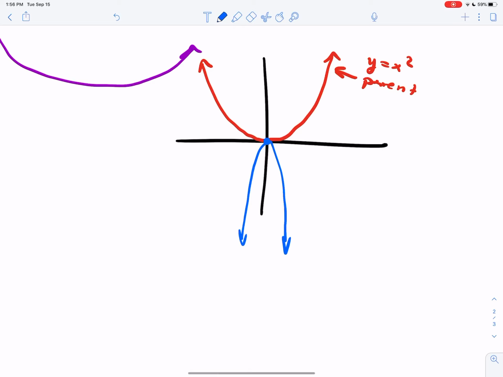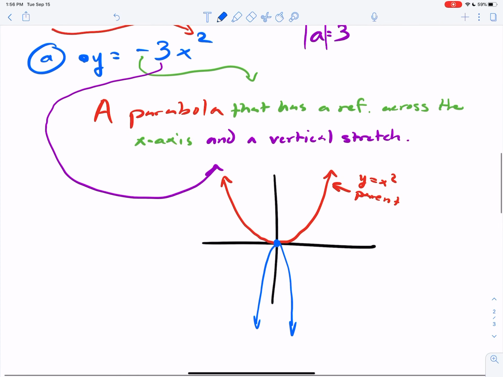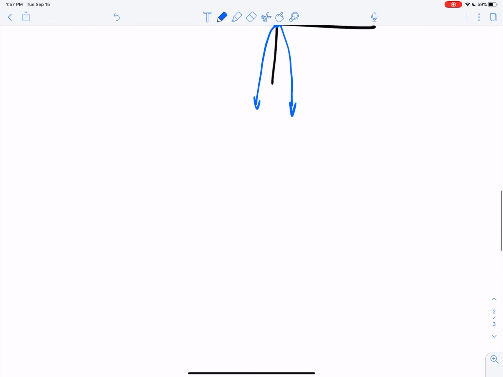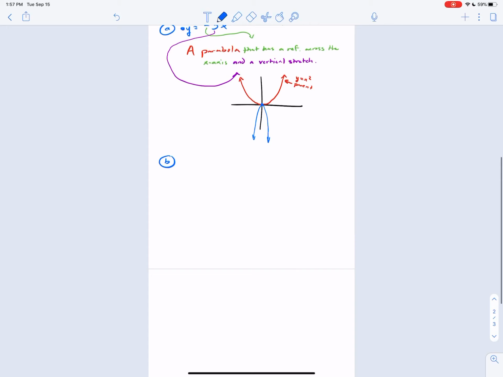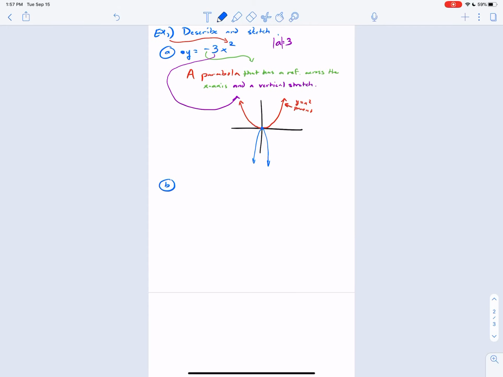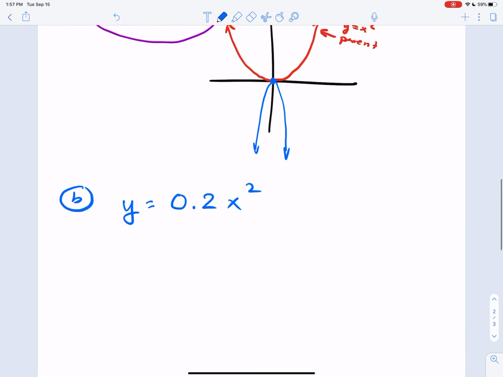But notice how that vertex does not move because we did not translate the function. There was no h or k. And that's it. Okay, let's do one more, part B. Let's go ahead and describe and sketch y equals 0.2 x squared. Okay?